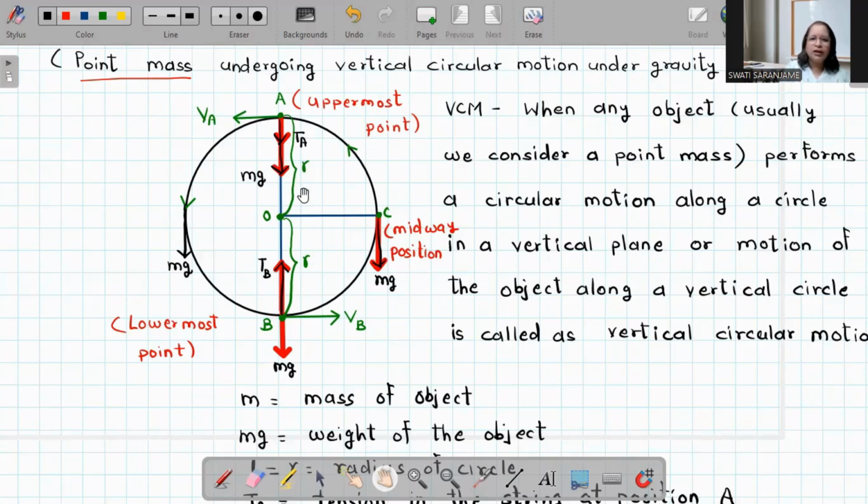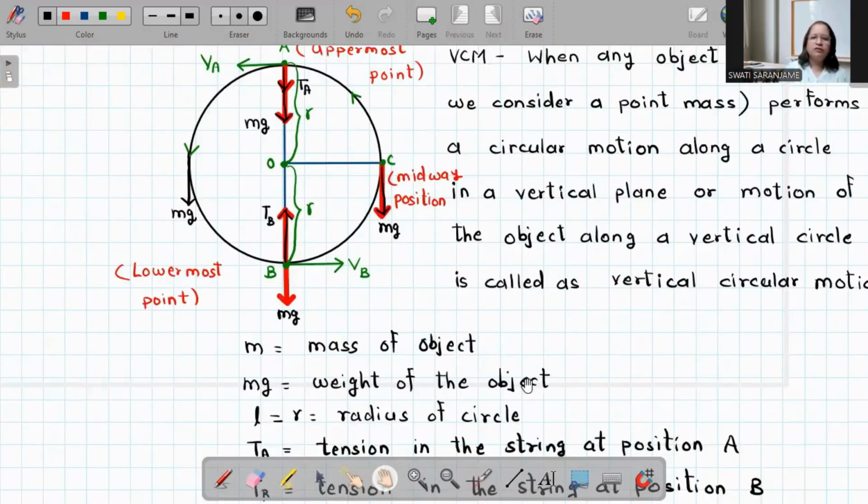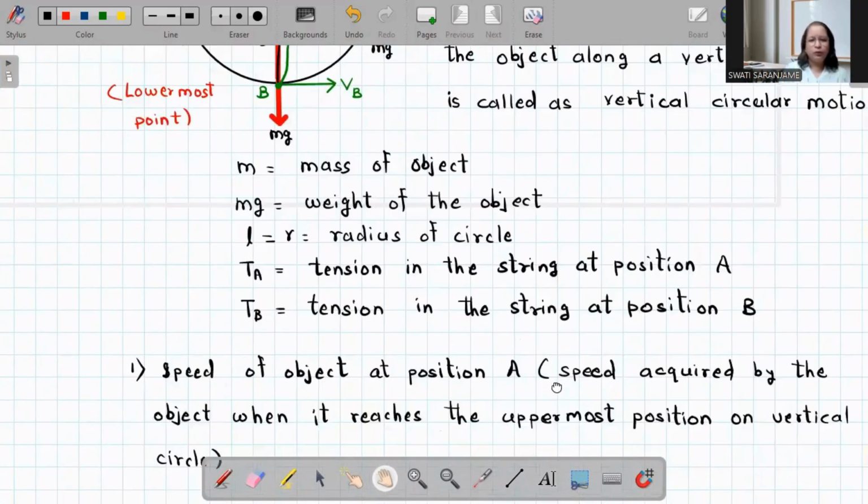Both are acting along the radius, meaning along the string and towards the center. So the resultant of these is providing the necessary centripetal force. This can be written in equation form as below.